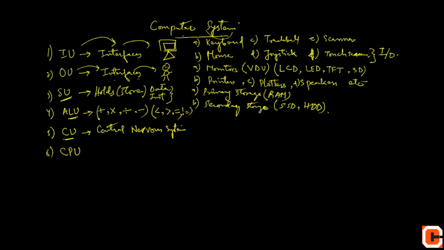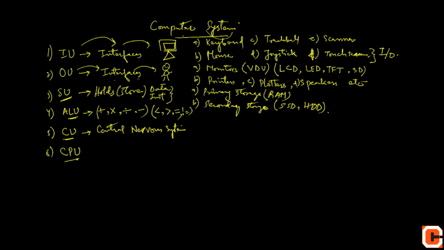It obtains instructions from the program stored in the main memory, interprets the instructions, and issues signals causing other units of the system to execute them. It directs all the other parts of a system in a particular fashion.